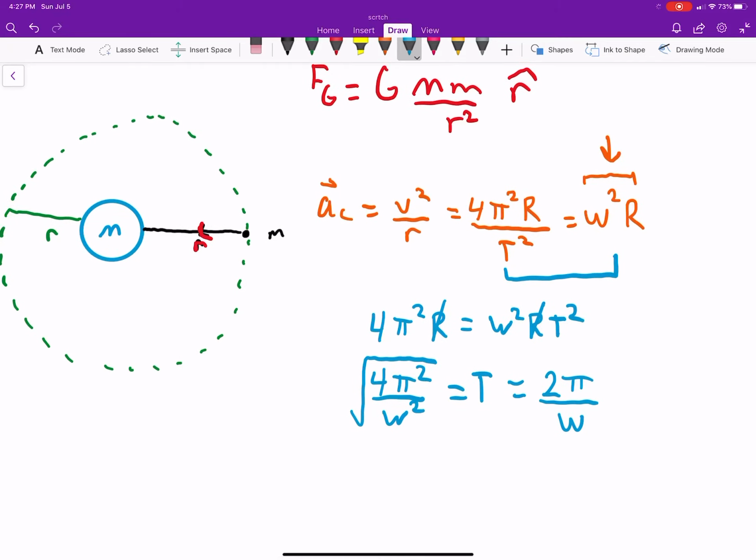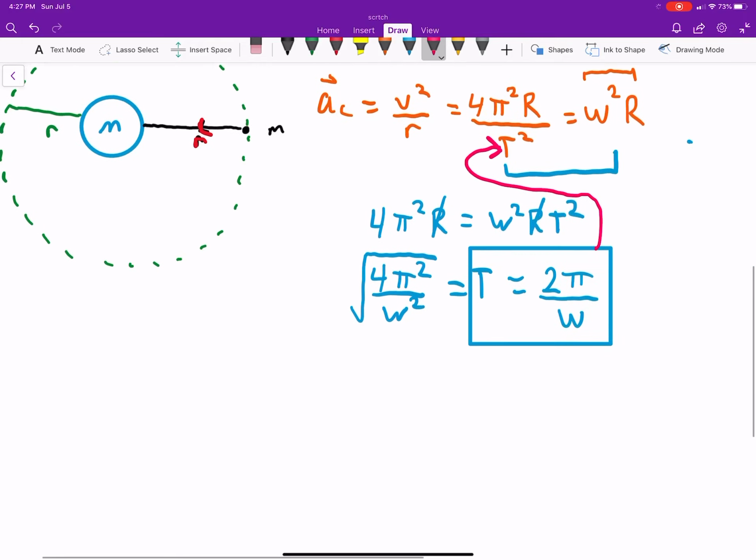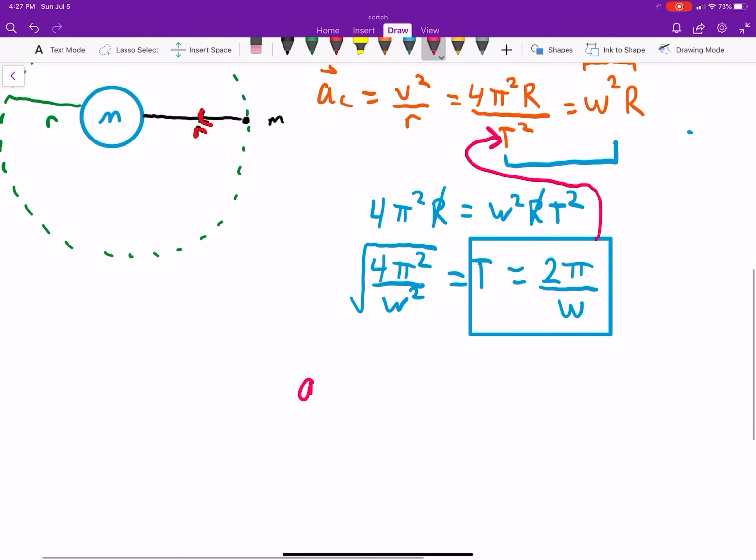So now that we have an expression for T, I'm going to plug this in here, and we get our acceleration is equal to 4 pi squared r divided by T squared, which will be 4 pi squared over omega squared.